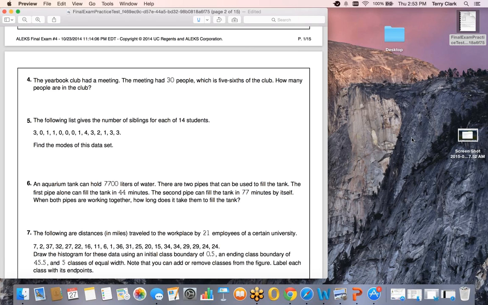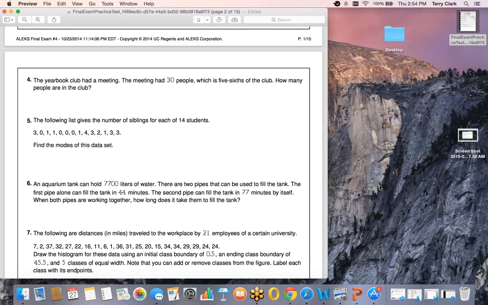So when we look at this, we've got 30, is means equal, 5/6, of means to multiply, and then of the club. In this case, the club is the unknown.